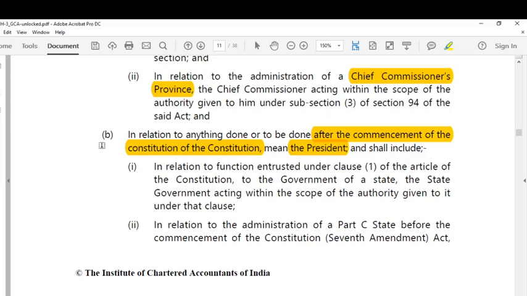Until the president gives his stamp and signature on the bills passed by the parliament, it cannot become an act. So that is the reason it means the president.